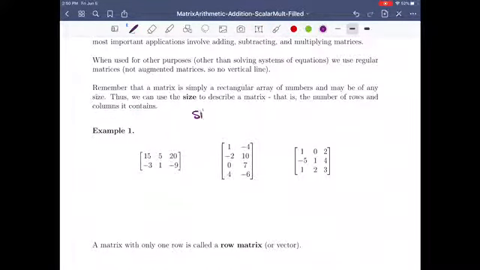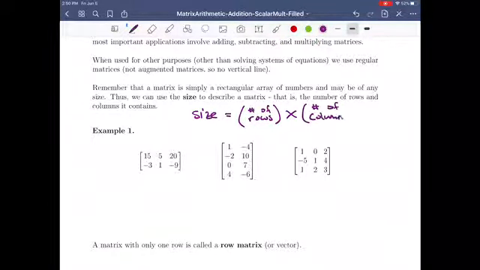So it's like a dimension. You would say this room is 9 feet by 12 feet. We're going to say the same thing about matrices: it has this many rows and this many columns.